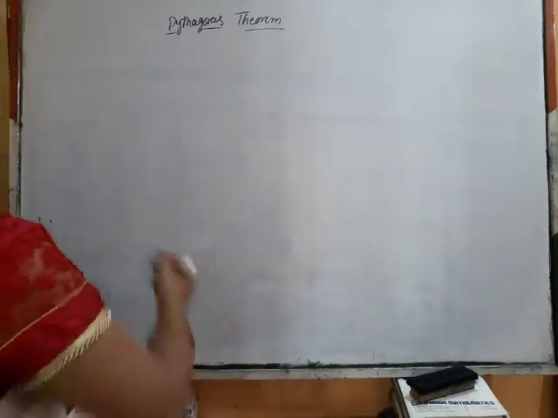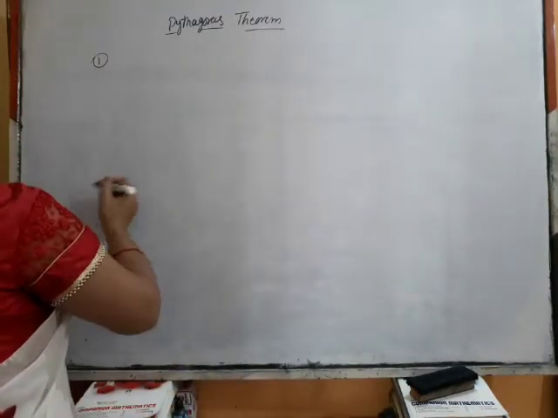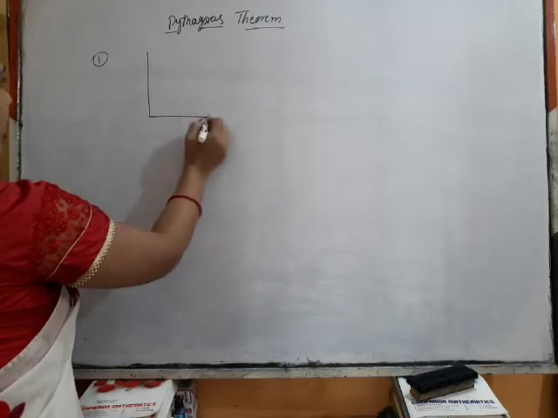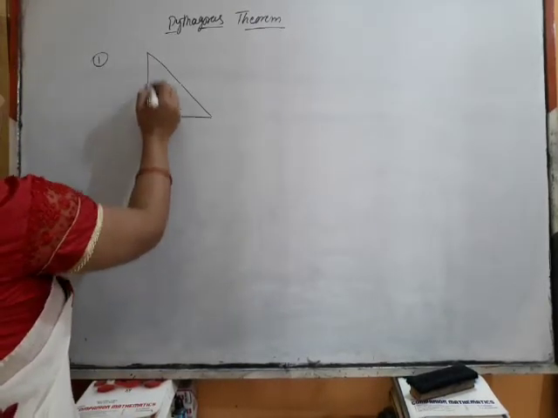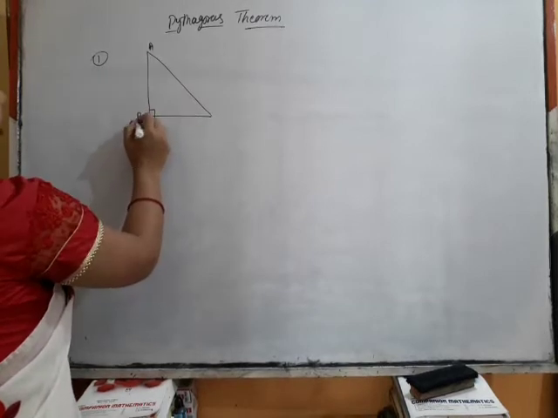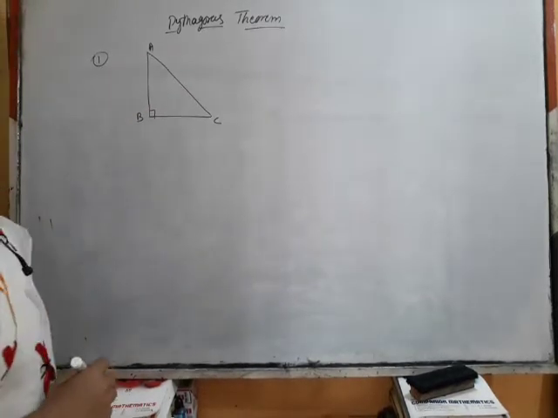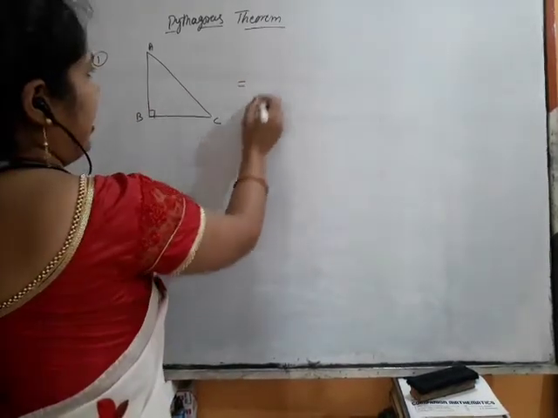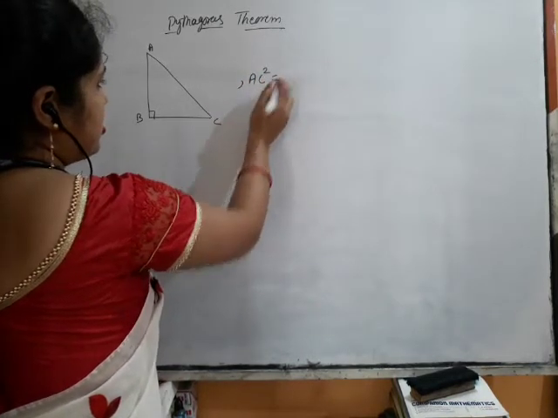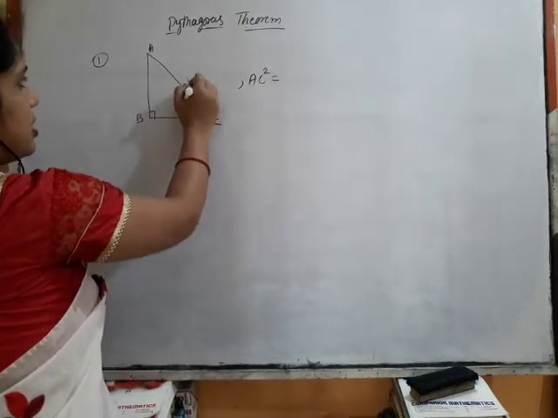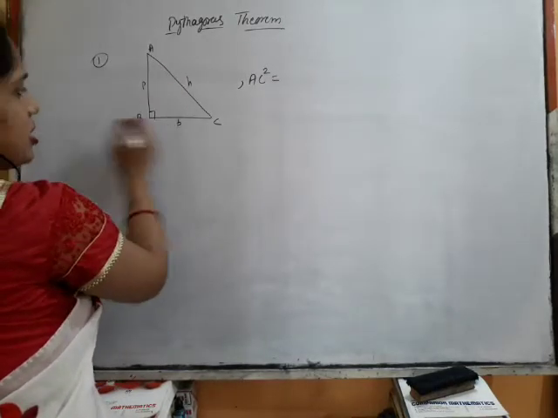Okay. So the statement of the theorem, the main theorem says what? In a right angled triangle, we will have the square of the hypotenuse. This is hypotenuse, this is perpendicular, and this is base.